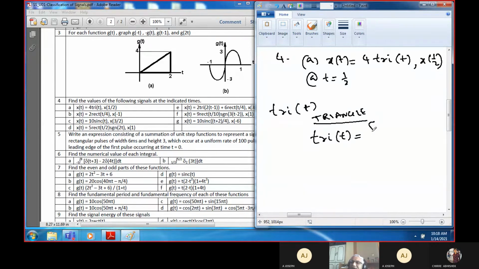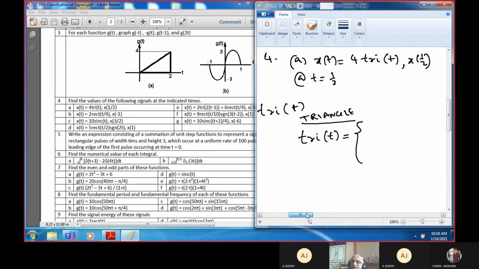How do we define this thing, Joseph? TRI of t is equal to, first one, 1 minus mod t for all values of mod t less than 1.